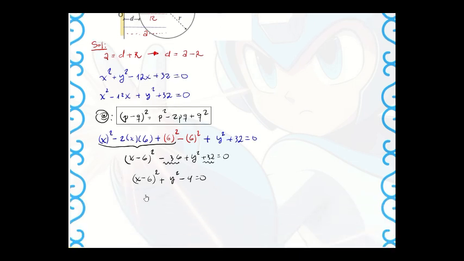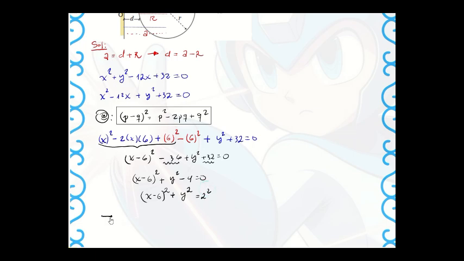And then we have x minus 6 squared plus y squared is equal to 4. We add 4 in both members of this equality. And we know that this 4 is the same as 2 squared. So let's write here, instead of 4, 2 squared.